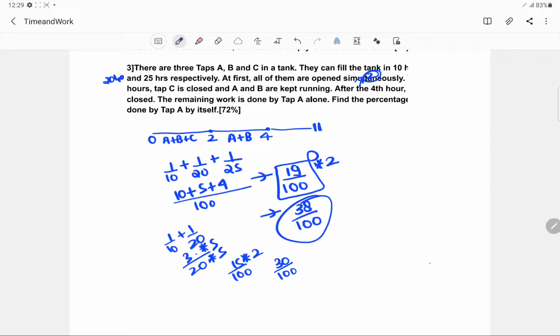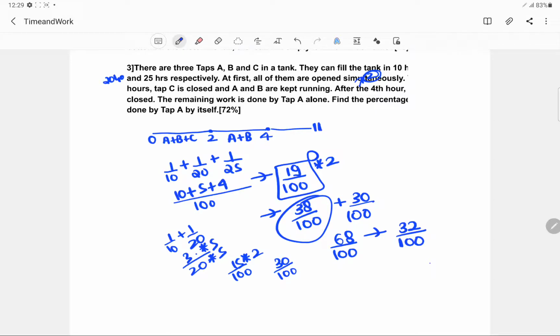So this is the amount of the work that we end up doing in the first 4 hours: 38 plus 30, nothing but 68 by 100. So what is the amount of the work left to be done? 32 by 100.